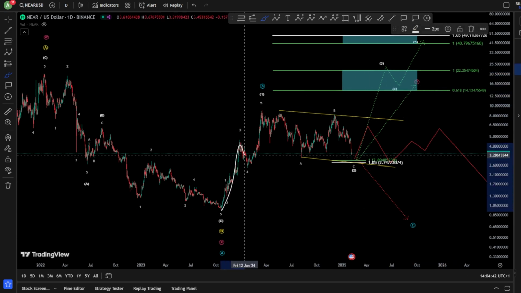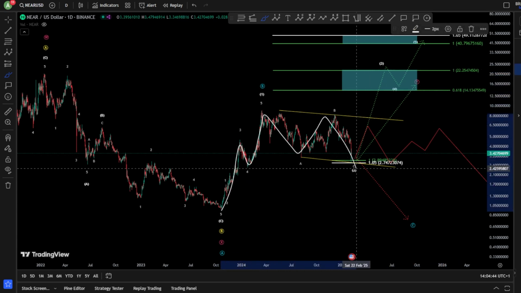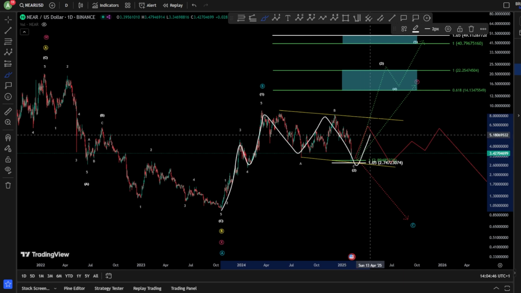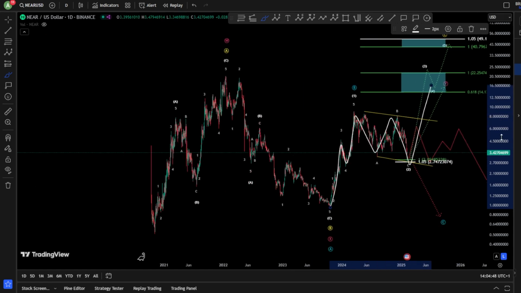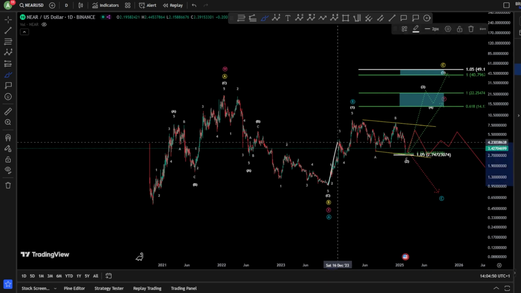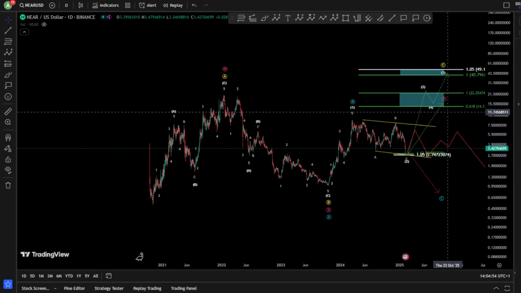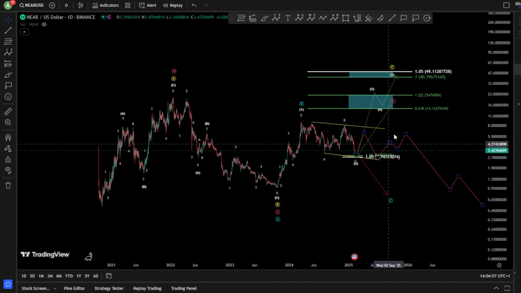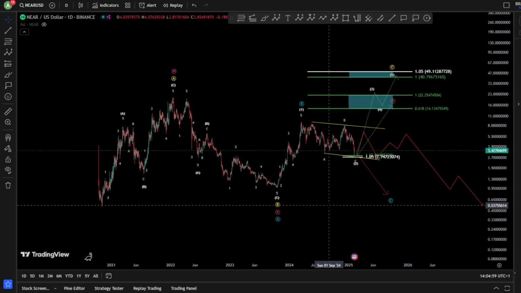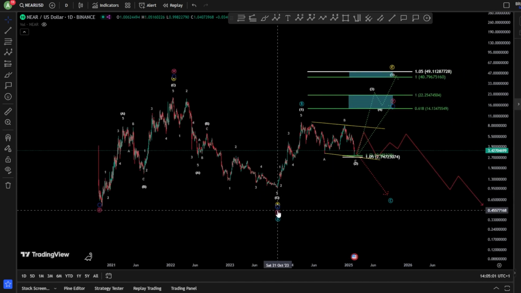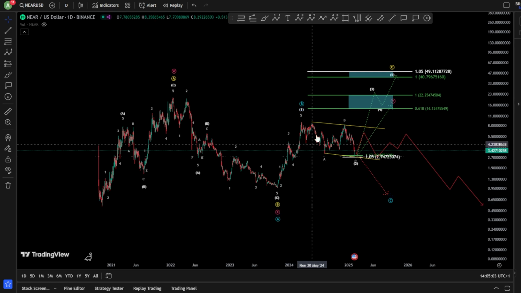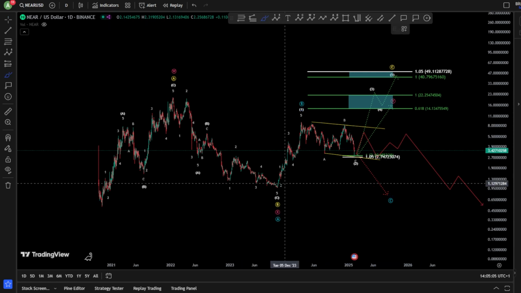Now, if we are 3 waves up, 3 waves down, then of course it's still ABC, right? So if this is an ABC, A, B, and you're looking for a wave C, it can be the same targets as the blue box for a wave Y. In this scenario, ABC means it is your wave Y, because you are in WXY.